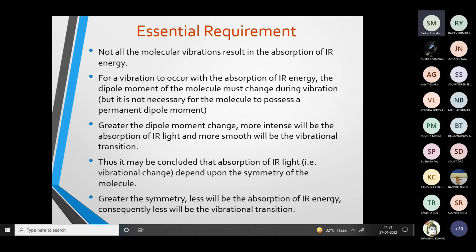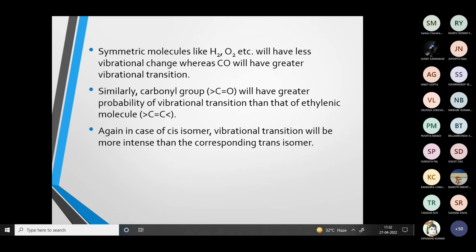There is no dipole moment change due to vibration or bending. In diatomic molecules, vibration is possible but bending is not. So the greater the symmetry, the less the absorbance of IR energy, and consequently the less the vibrational transition. These are the main features determining whether compounds will sense IR or not.